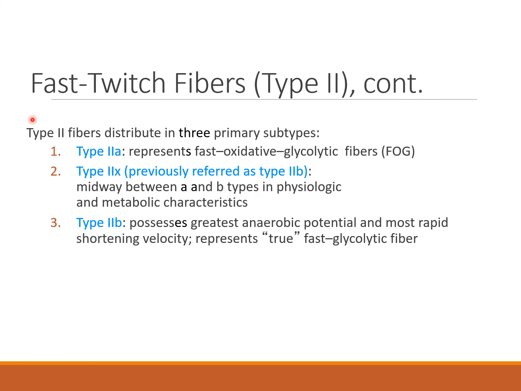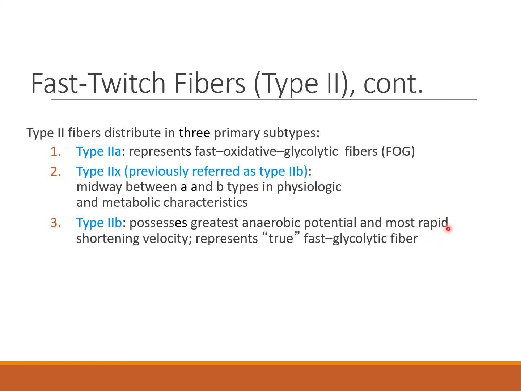Type 2 fibers are distributed in 3 primary subtypes. You have your type 2A, which is your fast oxidative glycolytic, or FOG, fibers. You have your type 2X, which used to be called type 2B, which is the midway point between type A and type B. And then you have your type 2B, which has your greatest anaerobic potential and your most rapid shortening velocity, which represents true fast glycolytic fibers.